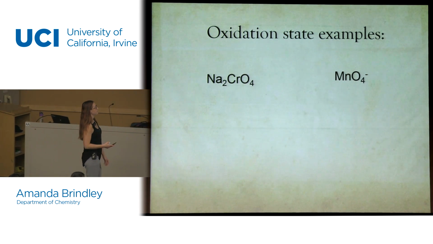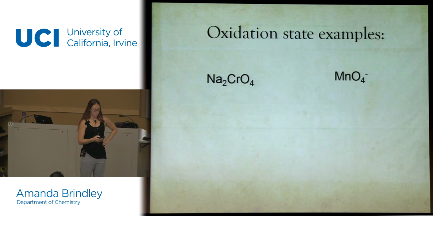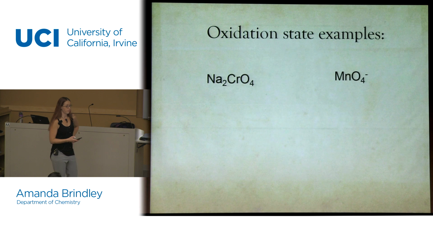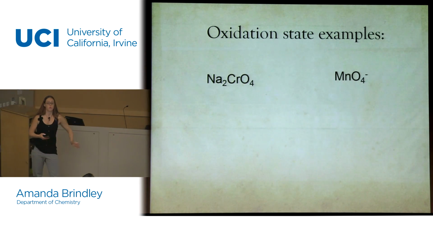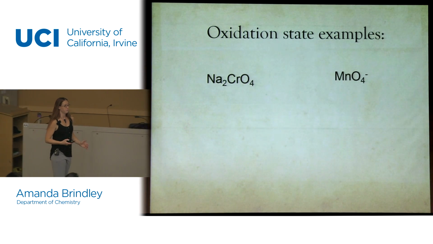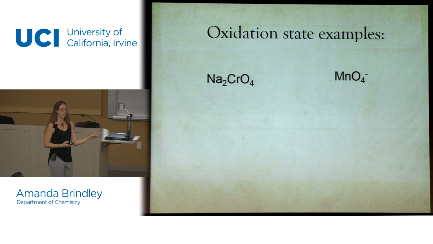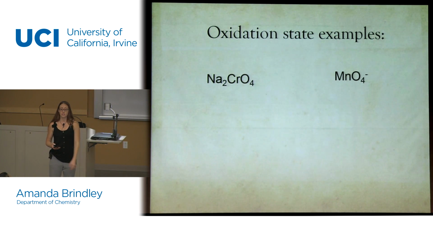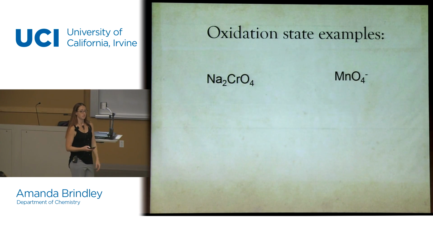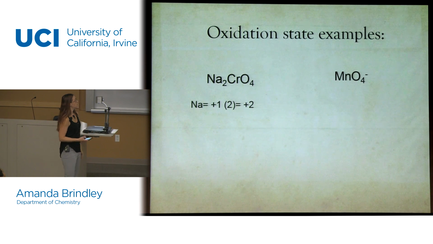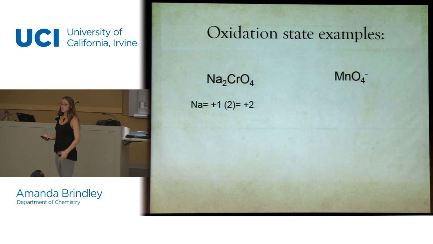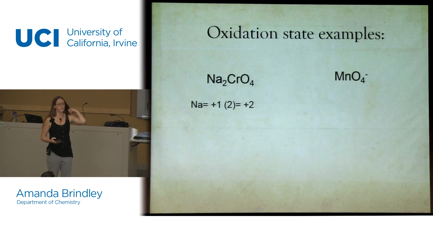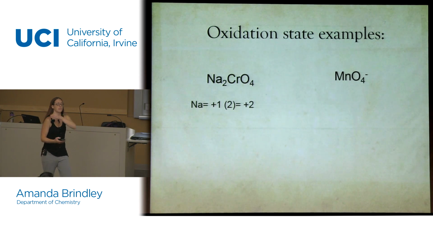So like these. Our first one, we have sodium chromate. We know some of these. What do you think the oxidation number on sodium is? It's +1. We have 2 of them, so careful note on how you say this, because this always gets a little bit confused.